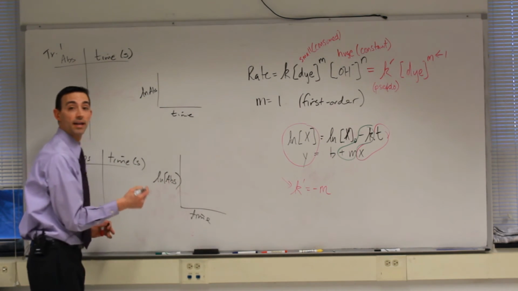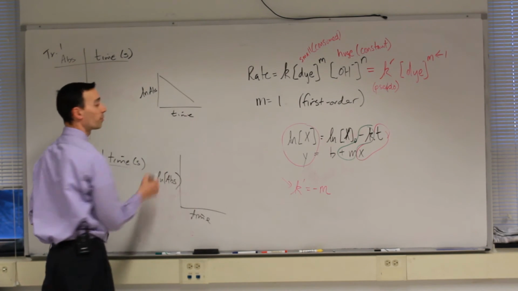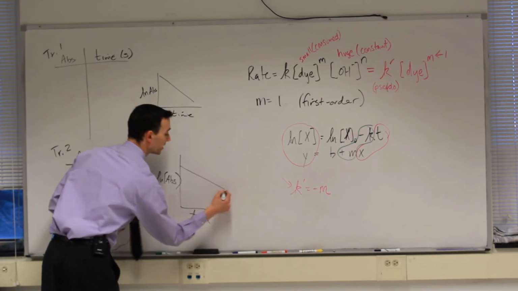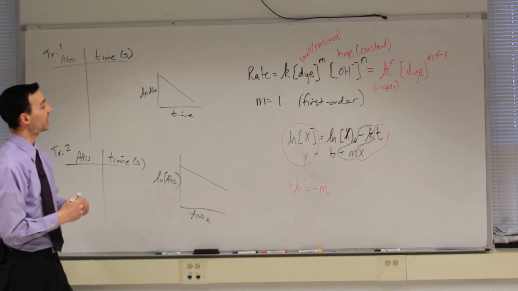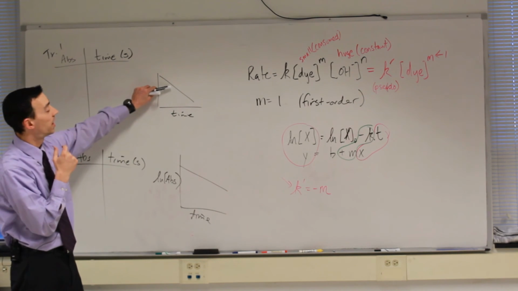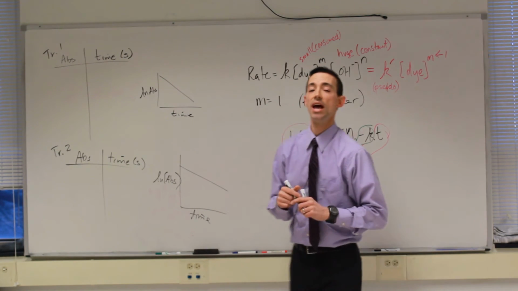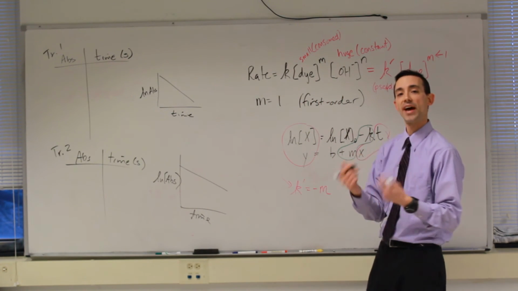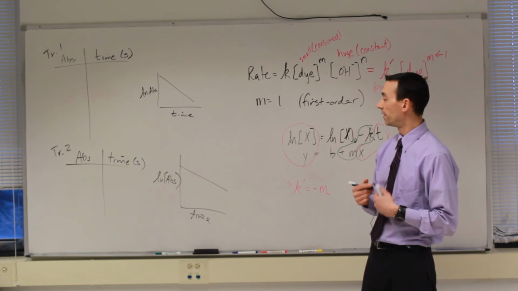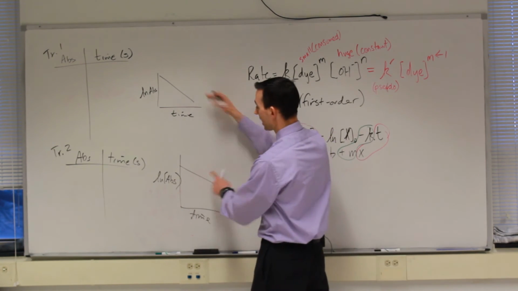All right. And as I already indicated, the first one will be a steeper slope than the second one. That's because we're using more hydroxide in the first reaction, and so it will happen a lot faster. All right, so that'll be what we keep track of.